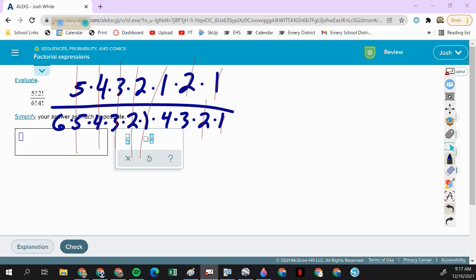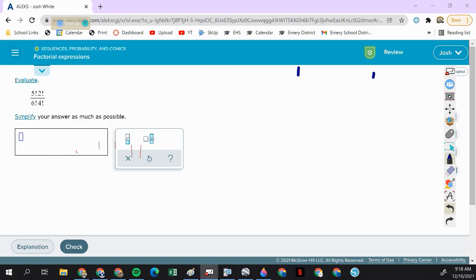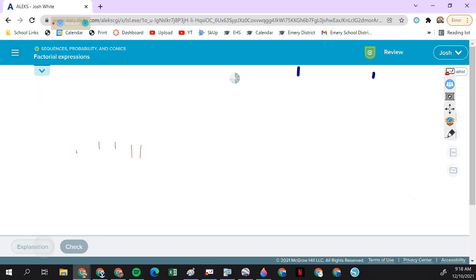So what's left on top? Nothing. So we put a 1. What's left on bottom? 6 times 4 times 3, which is 6 times 12, which is 72. 1 over 72. Okay. Let's look at another one.